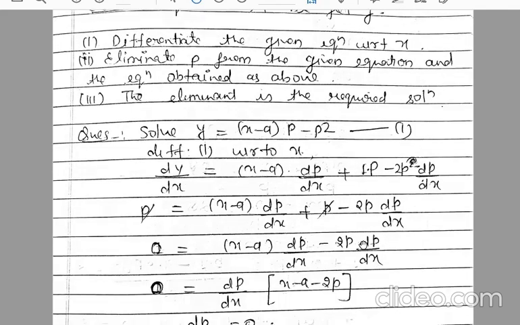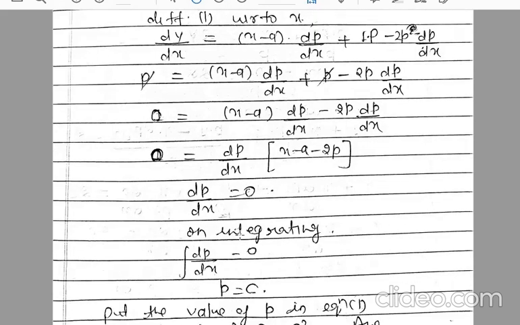So dy upon dx, we know that we can write p here: p is equal to (x minus a) dp upon dx plus p minus 2p dp upon dx. So p and p will be cancelled out, dp upon dx we can take common. So we have x minus a minus 2p. Now 0 is equal to dp upon dx into this bracket.